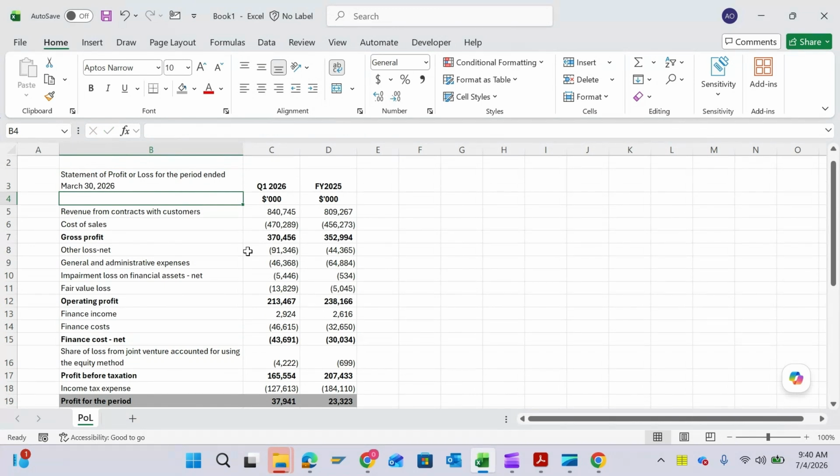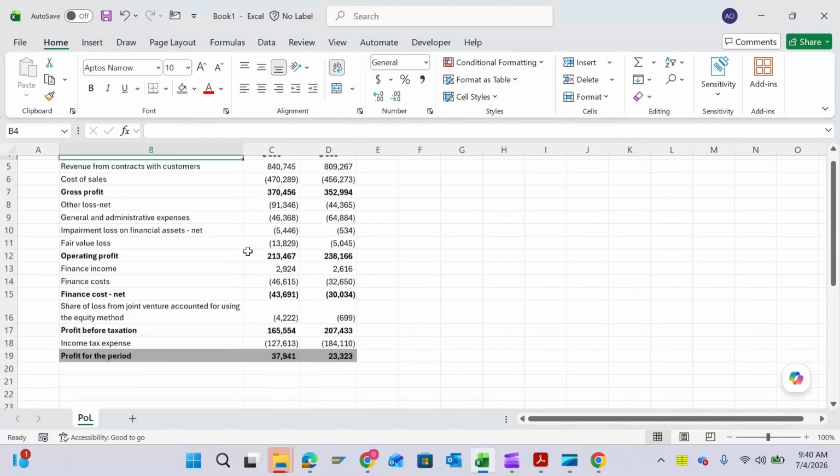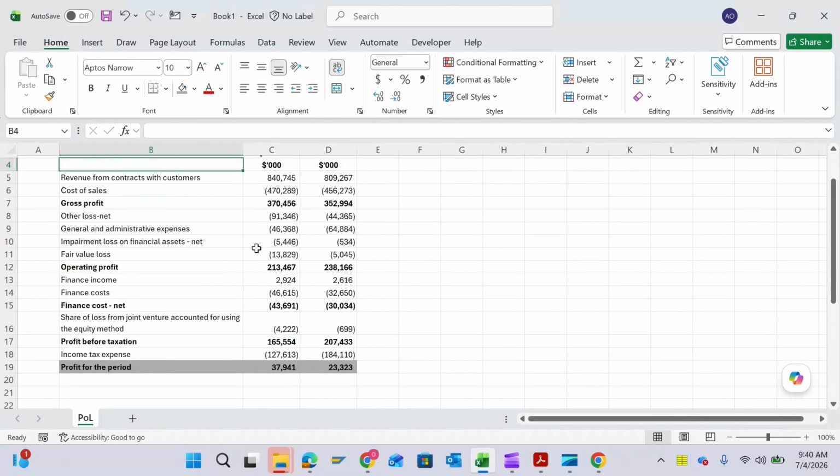This one is from January 1, 2026 to March 30, 2026. You can do it for as many companies as you like. So try your hands on the cash flow statement, try your hand on the balance sheet.